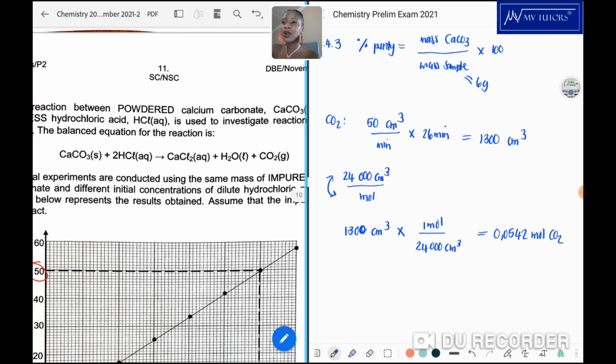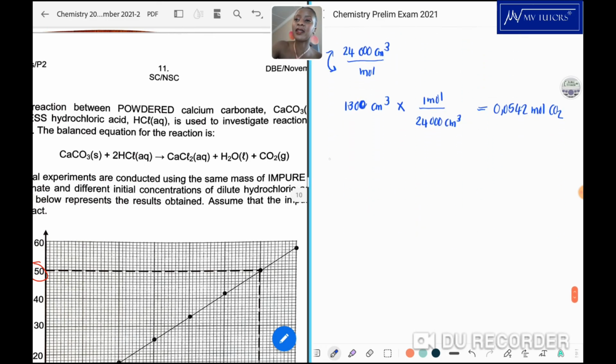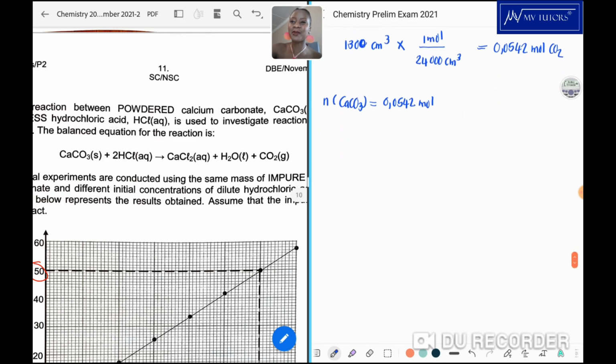We have a 1-to-1 ratio: 1 mole of carbon dioxide and 1 mole of calcium carbonate. So the number of moles of calcium carbonate is equal to 0.0542 mole.